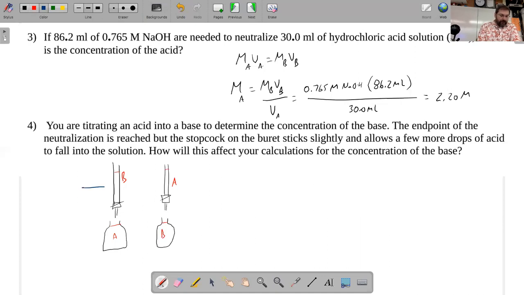All the time, whatever's in the burette is the standard solution. It's the one that you know the concentration of, and you can measure its volume by the difference in volume of the levels in the burette. The thing that you're titrating into is the thing with unknown concentration.